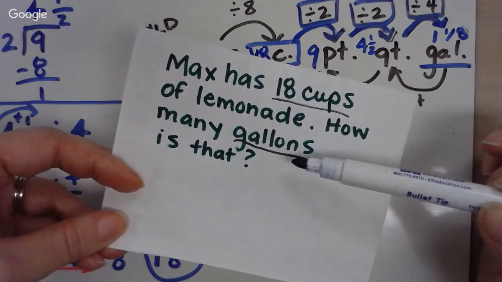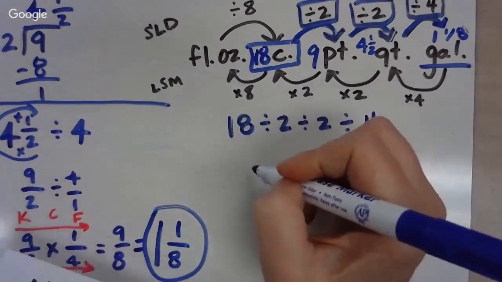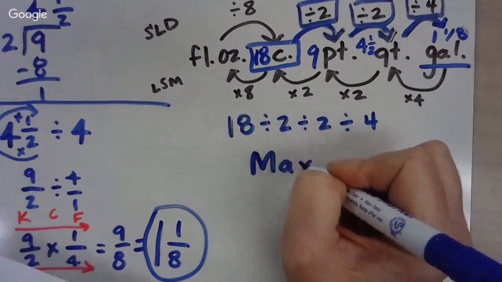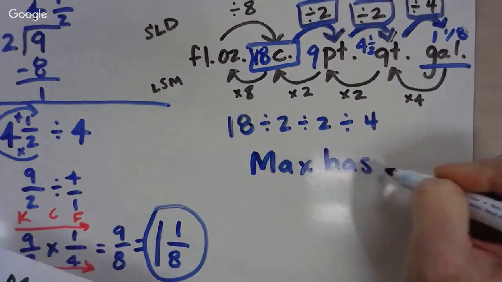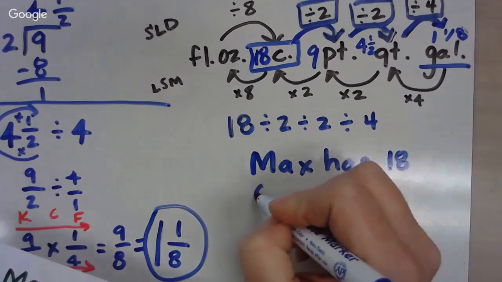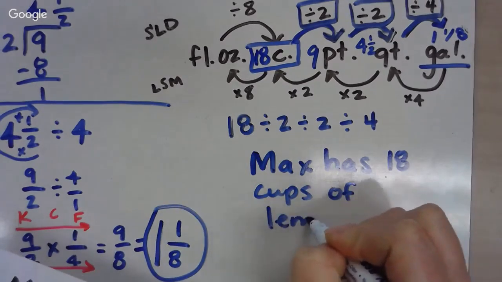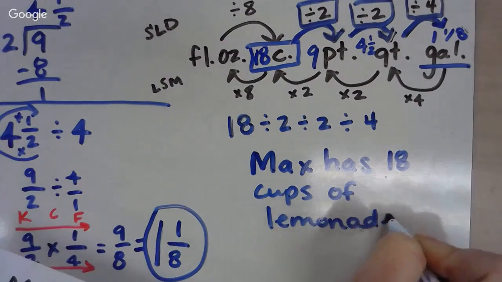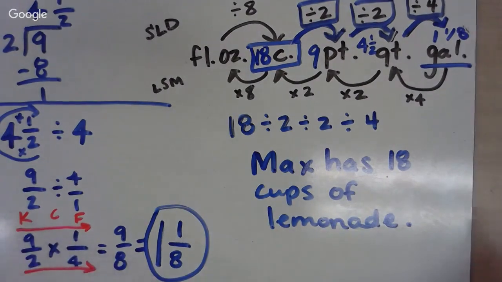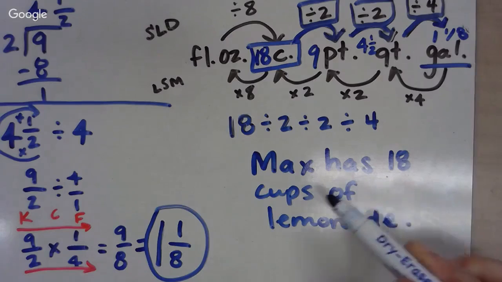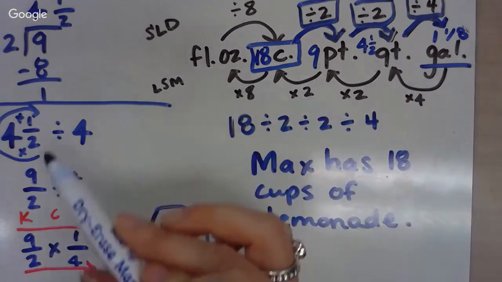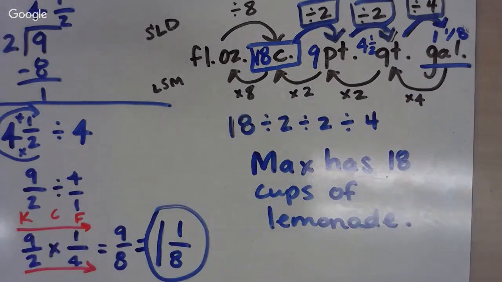He just wanted to know how many gallons that was. So let's say that Max has 1 1/8 gallons of lemonade. And with that, we have given our restate, we've given our actual answer, and we have some good details of our problem solving.